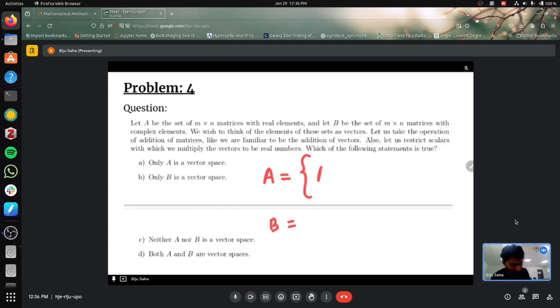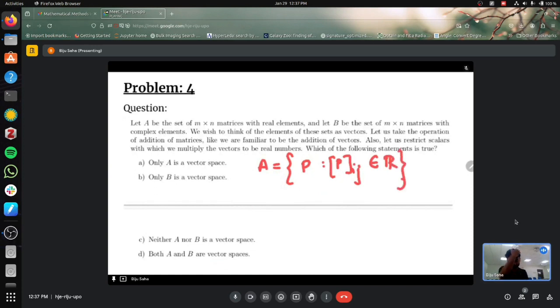Let me denote the individual element of the matrix as m. Let P be that matrix, such that the ijth element of P is real, and the order of this is m cross n.